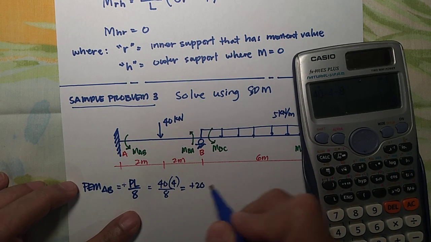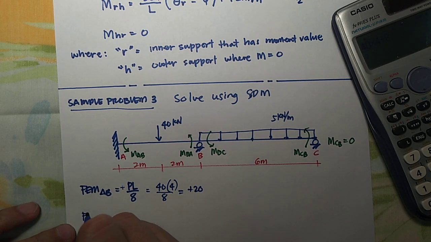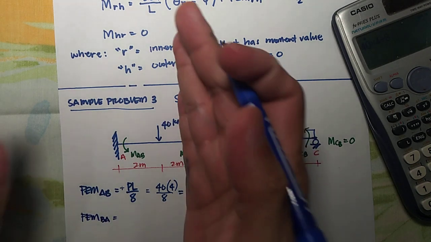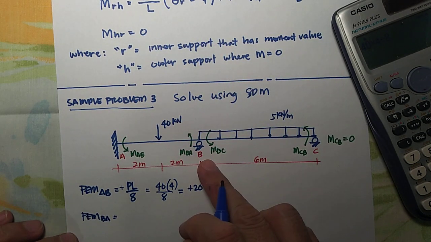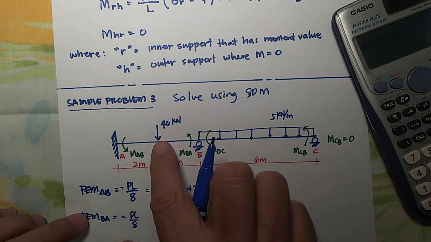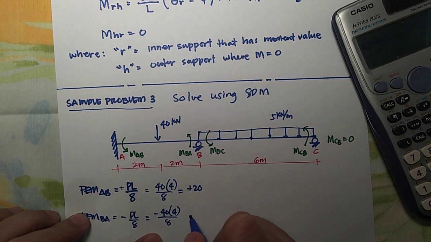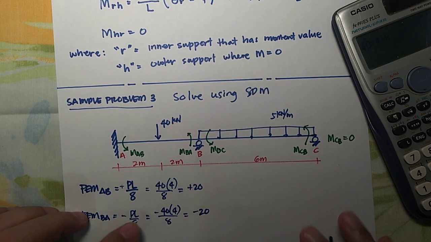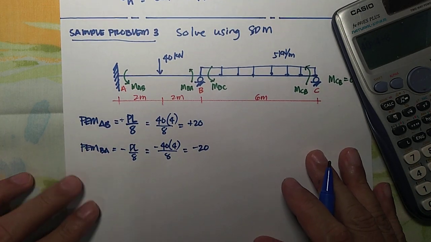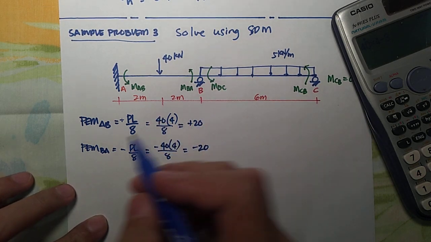Positive 20. Now, how about the fixed end moment on BA? On BA, on the right side, it would be clockwise. So negative PL over 8, again, because the concentrated load is at the midspan. So that's negative 40 times 4 over 8, so that's negative 20.